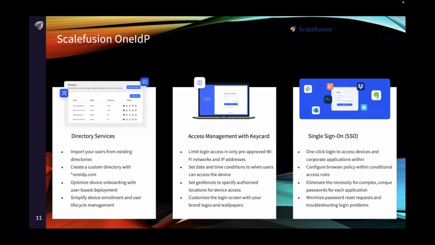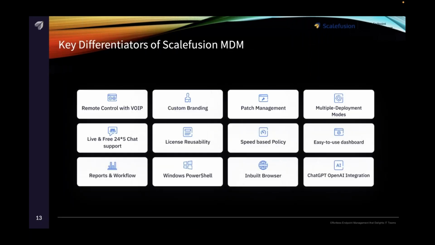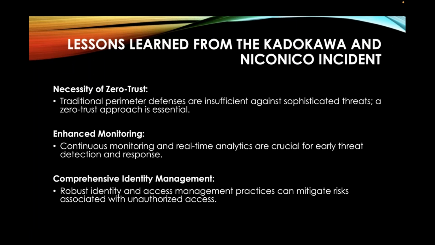If you focus on identity, JumpCloud does a better job. If you focus on endpoint management, Scalefusion does a better job. They advertise as fighting each other, frankly speaking. But to me, I would say case by case. It depends on your use case, your focus, and your requirements. Anyway, so this is about Scalefusion.